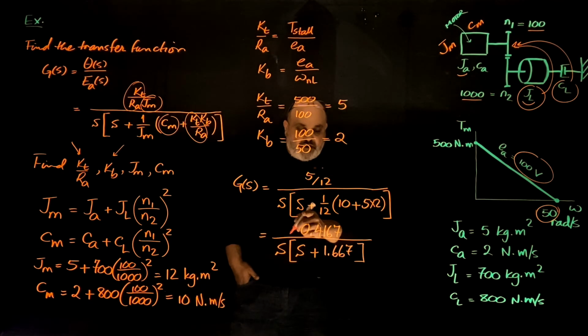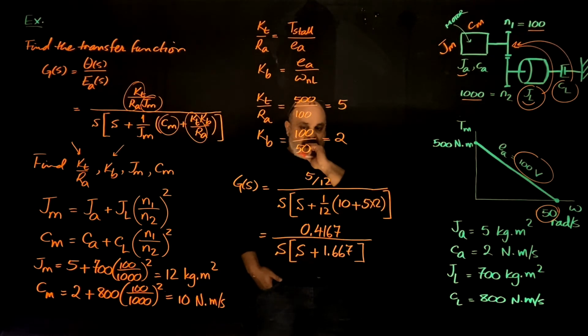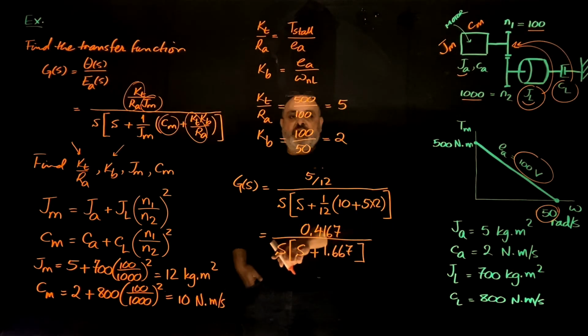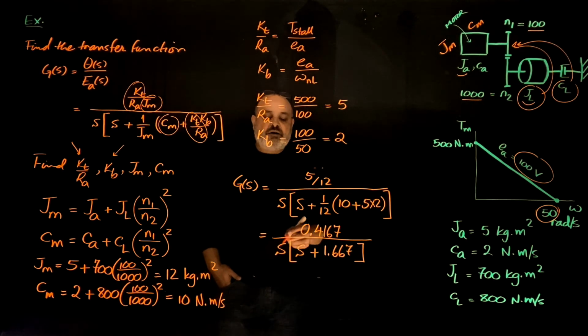So 0.4167 over S times S plus 1.667, and this is my transfer function.